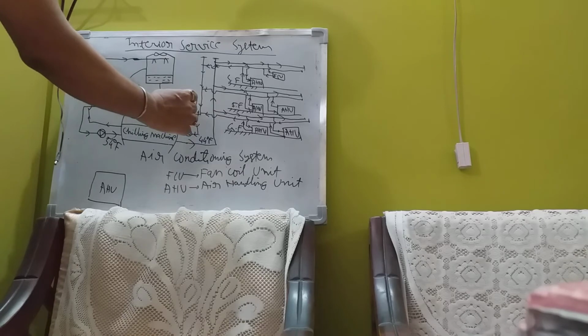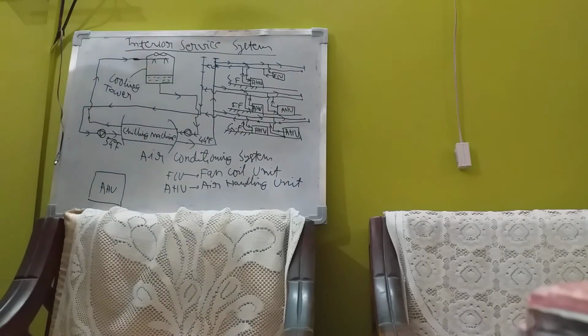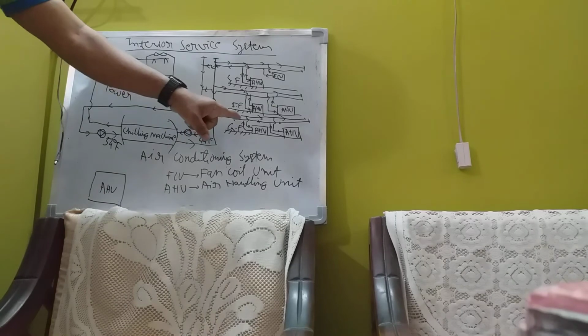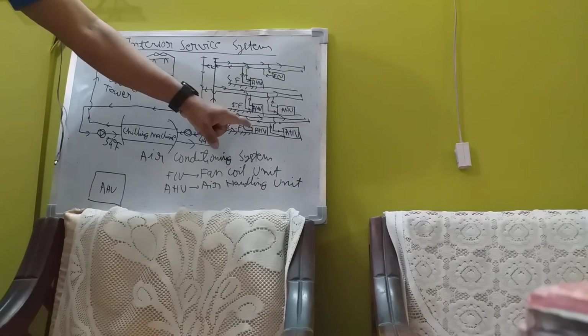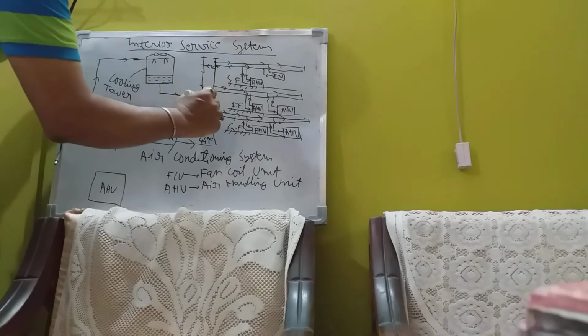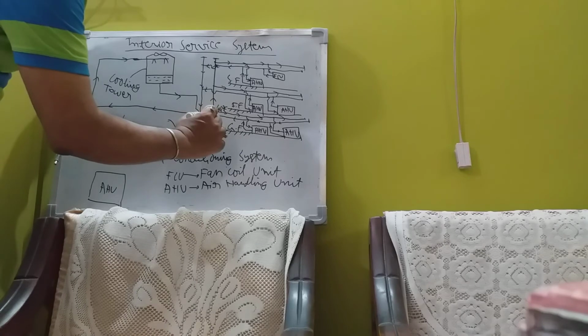This return line comes back to the pump, and through the pump it goes to the evaporator again. In the evaporator it comes in at 54 degree Fahrenheit. It enters the HU at 44 degree Fahrenheit, picks up heat from air, and leaves at 54 degree Fahrenheit.